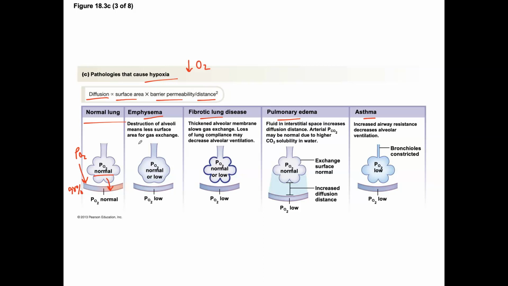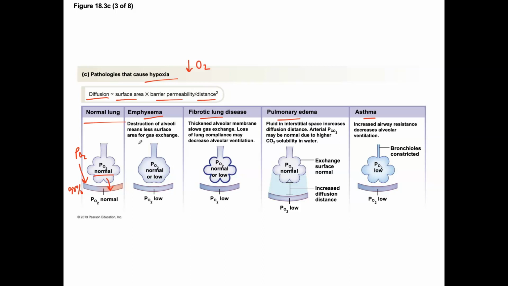And so our lungs are filling up with air, but it's affecting the ability for the oxygen to move from the alveoli into the circulatory system.